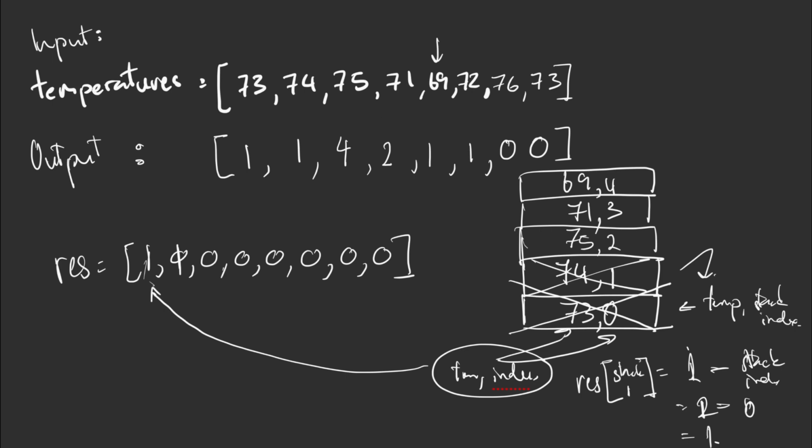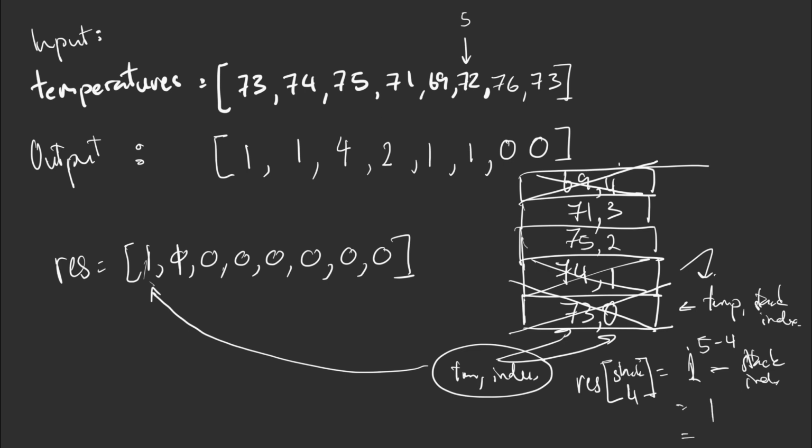And then here you're going to see 72. Oh, there's no space here, I'm just going to draw it here. So we're going to see 72 here. 72 is larger than 69, so what we need to do is pop this one out, and that's going to be index number 4. 72 is 1, 2, 3, 4, 5, 6, that's index number 5. 5 minus 4 is going to be equal to 1.